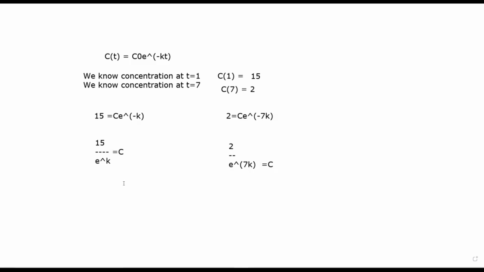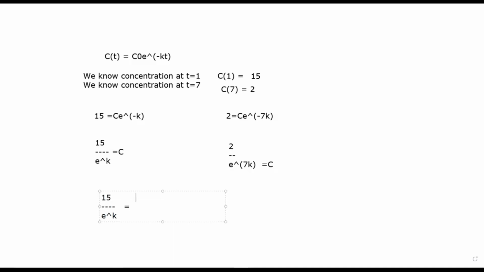So here I get 15. Which is not as hard as it looks. It's just the manipulation that you're not used to. 15 e to the k power should equal 2 over, let me move it up.